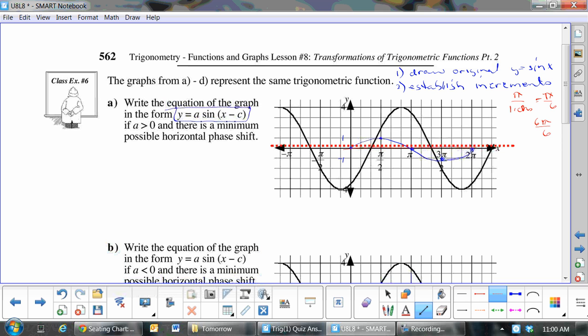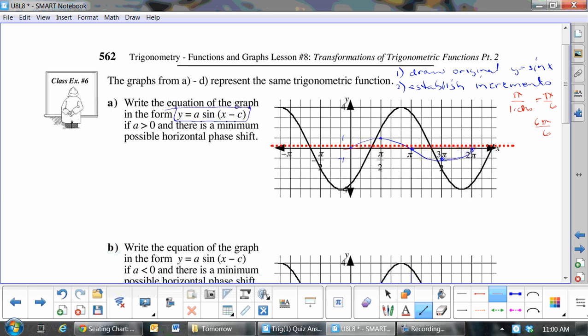And I don't care how much the top moves up and down. The middle didn't move up and down. You can argue, oh, top moved up. Well, the graph didn't move to move that up. It was stretched vertically to move that up. Okay? That's how I know the difference between a vertical stretch or a vertical displacement.